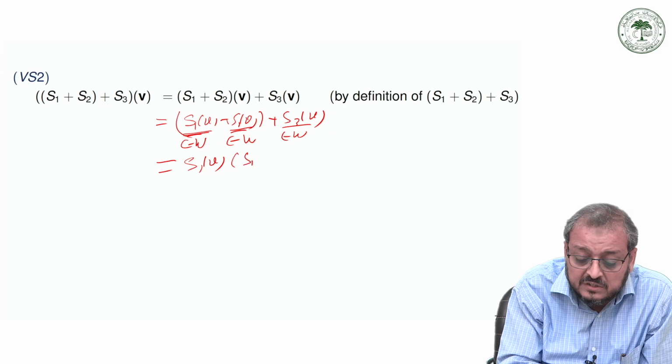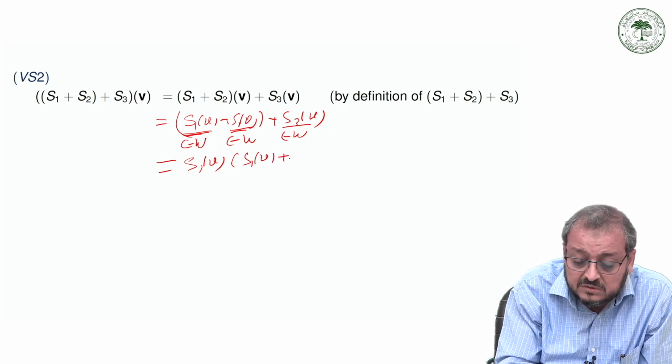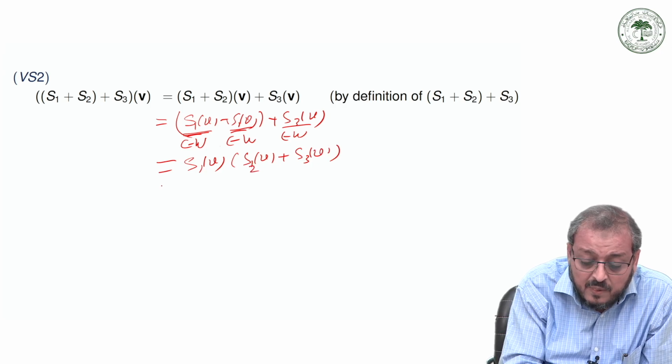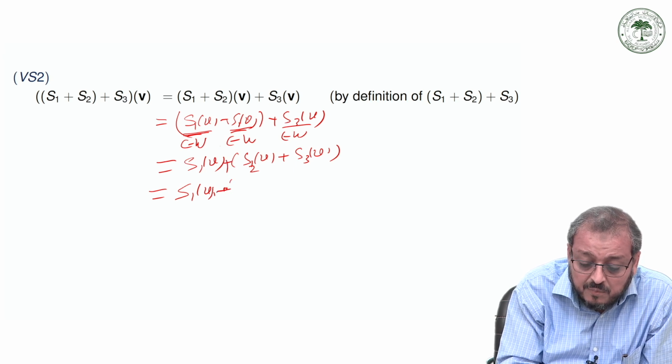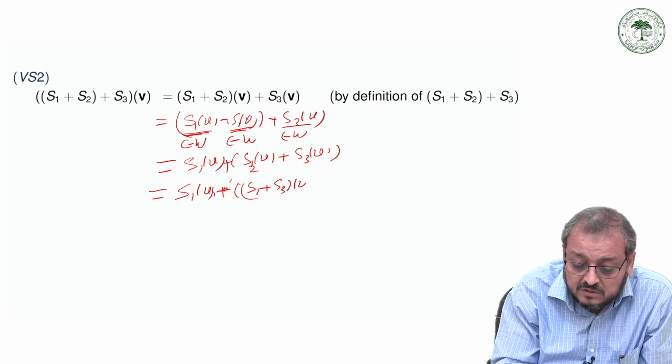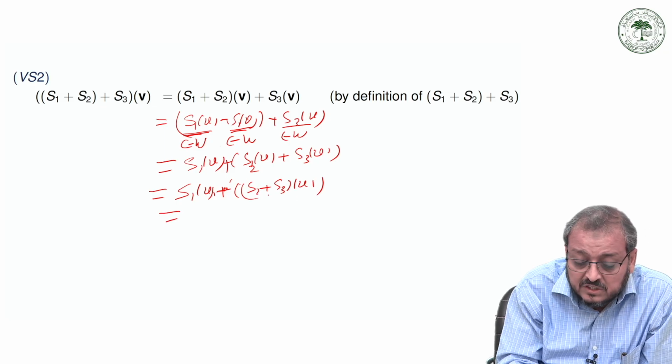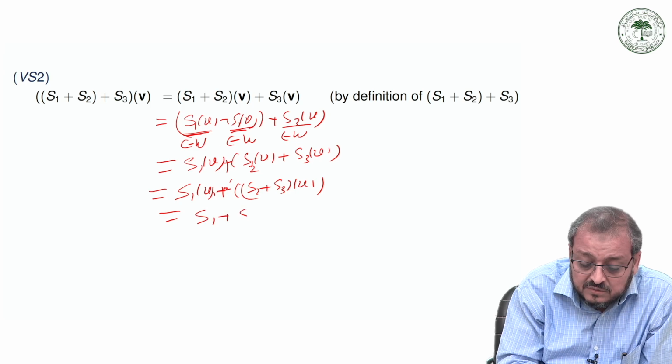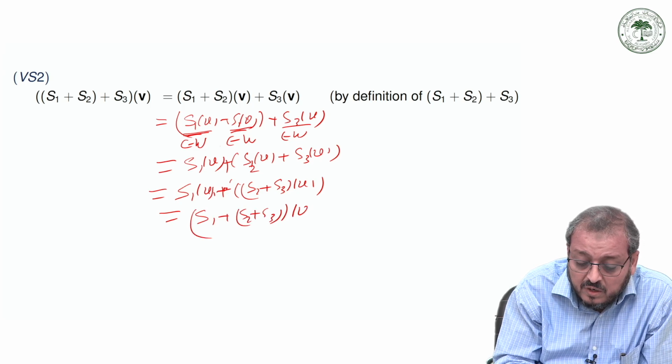So by the associativity of W, this can be written as S1 V plus (S2 + S3) V, and this is nothing but S1 V plus, by the definition of a sum, (S2 + S3) V, and again using the sum we can say that S1 plus (S2 plus S3) of V.